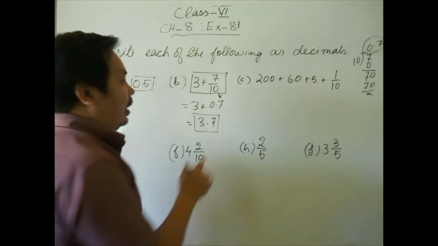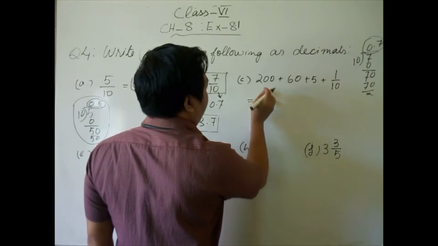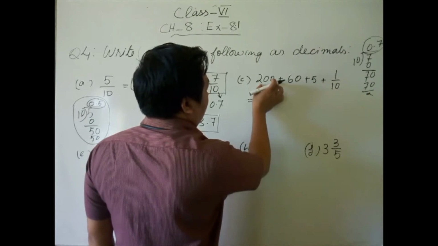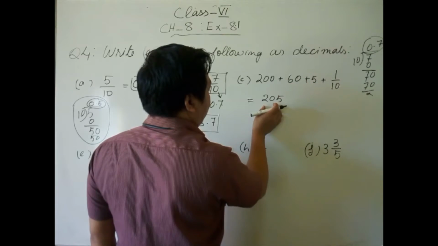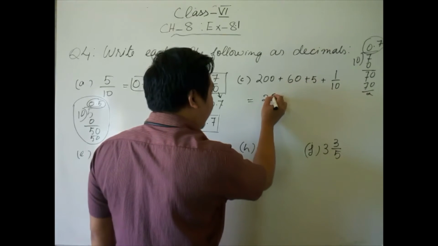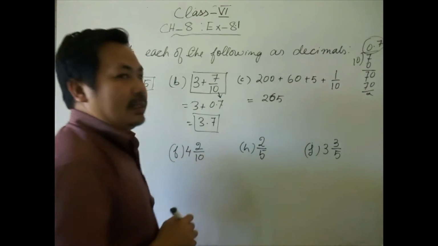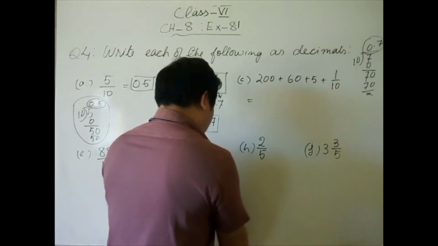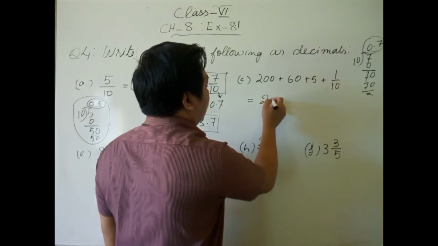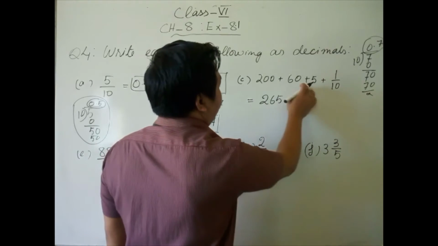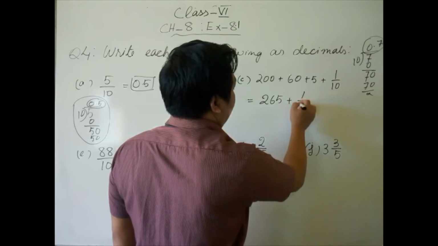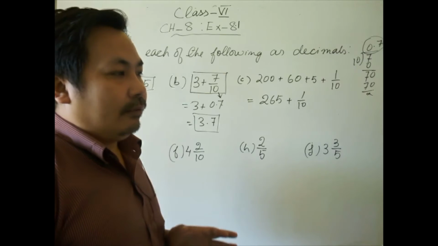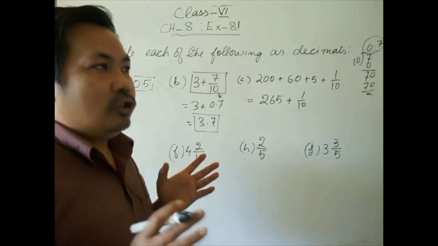The same way, here you are going to get 265. 200 plus 60 plus 5 is 265. 265, okay? 265 you are getting here, plus 1/10. So what is the decimal number of this 1/10? 1/10 means 0.1.